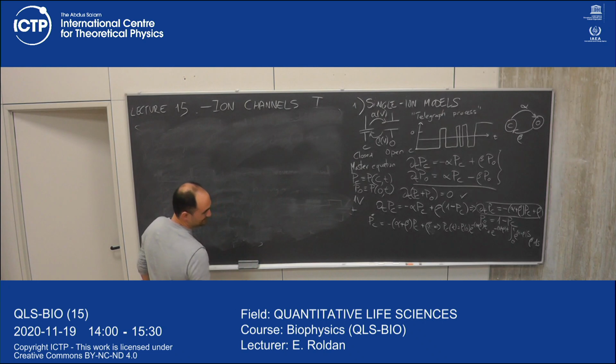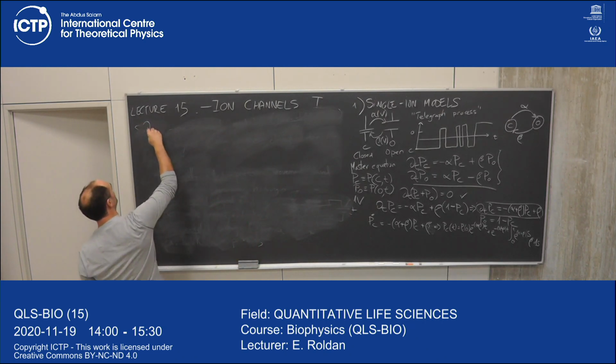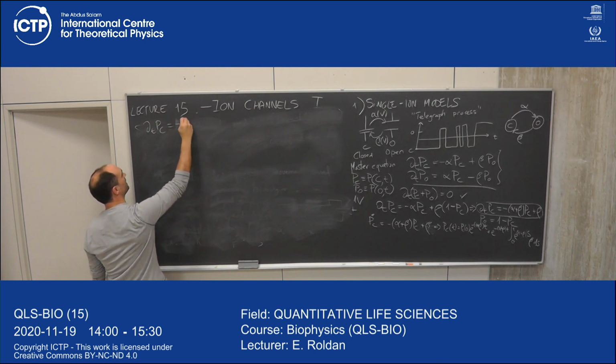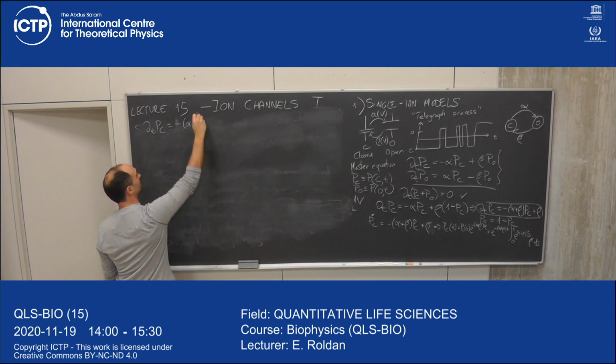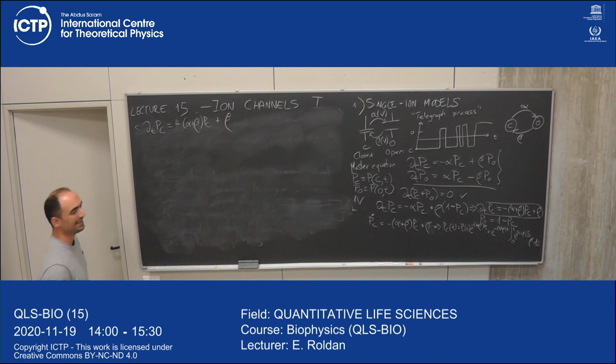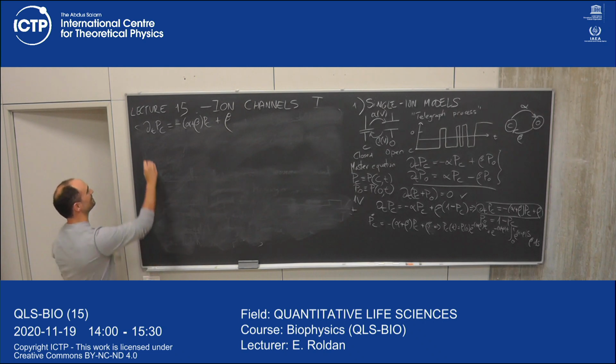You can also take this equation, partial t Pc equals minus (alpha plus beta) Pc plus beta, and you can apply the Laplace Transform. Do you know the Laplace Transform? It is the following.